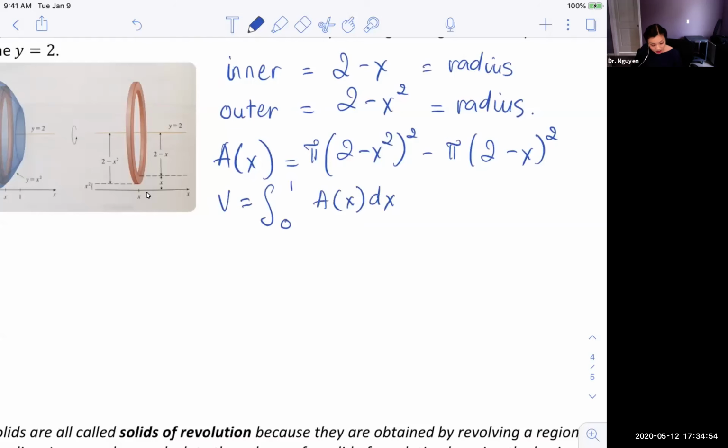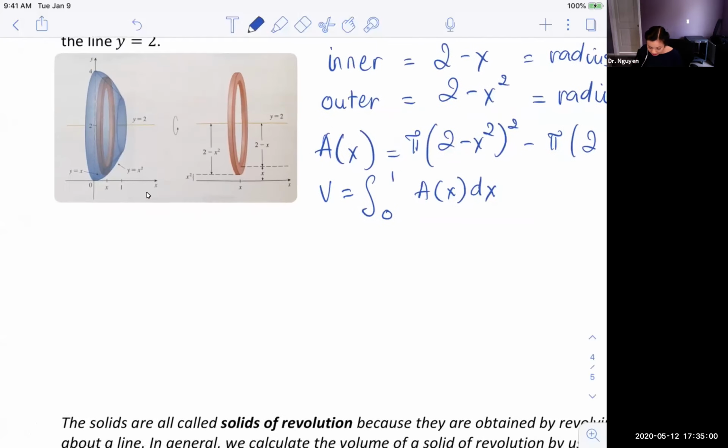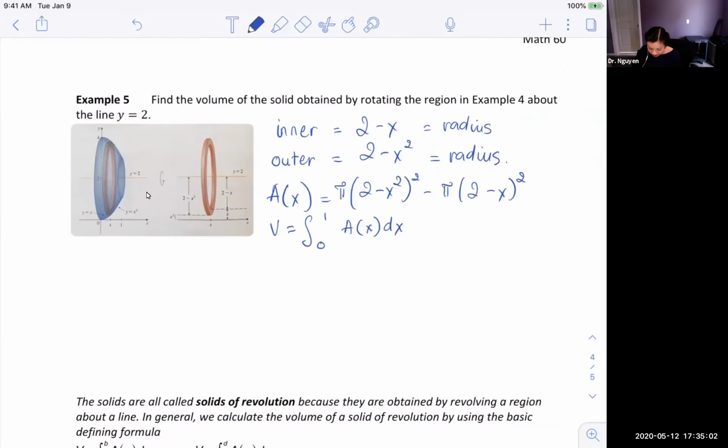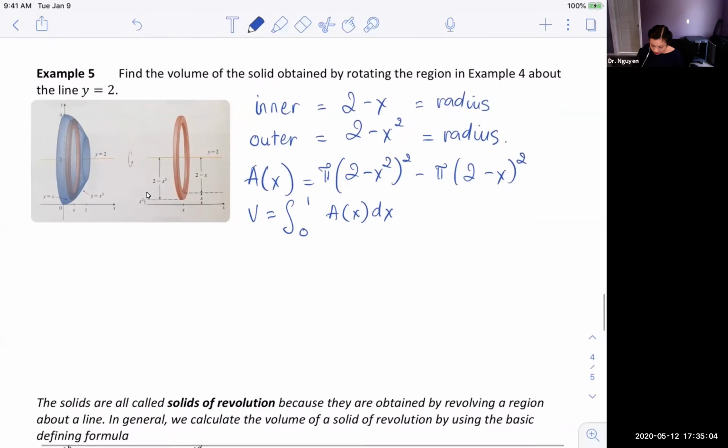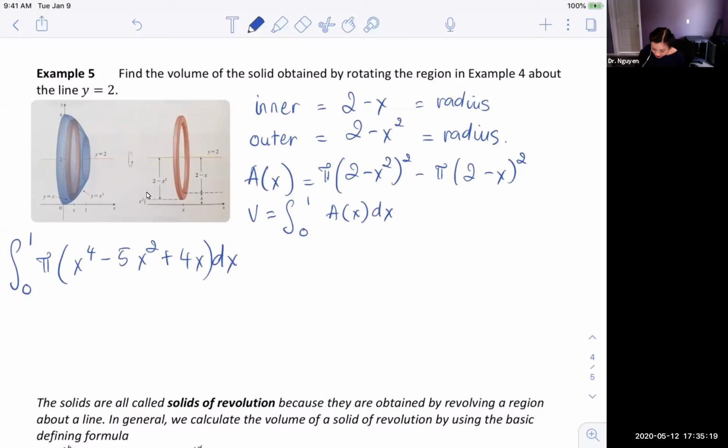Make sure we FOIL everything. After I FOIL and simplify, combining like terms, I'm going to end up with the integral from 0 to 1 of pi times x to the 4th minus 5x squared plus 4x dx.